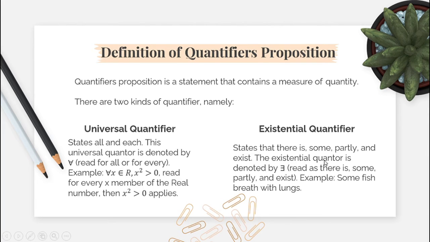The existential quantifier is denoted by this sign. We can read it as there is some, partly, and at least one. For example, some fish breathe with lungs.